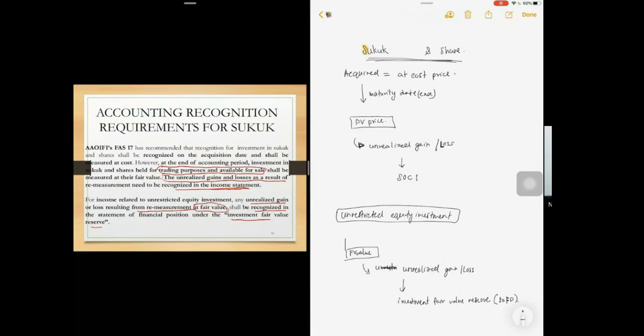Itu hanya teori saja. Nanti kita buat banyak-banyak soalan so that korang boleh practice on this recognition.